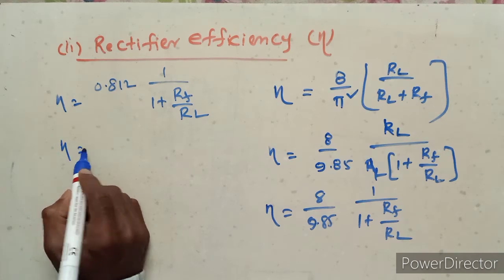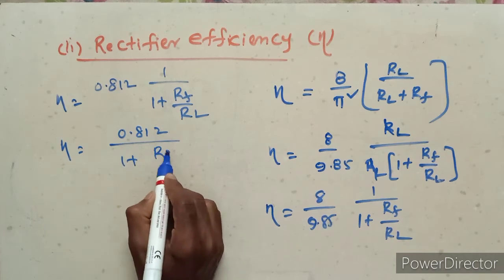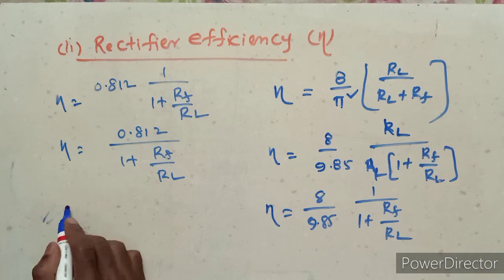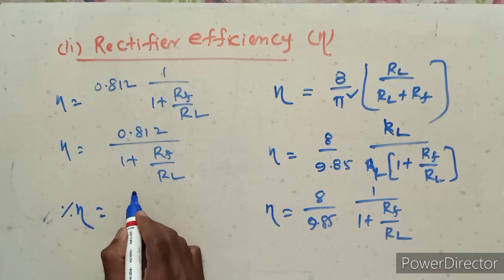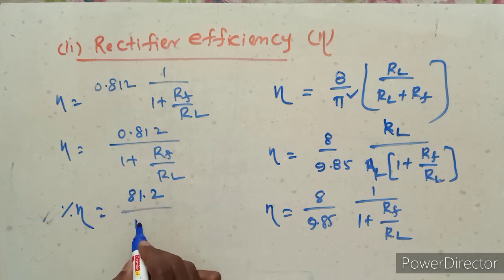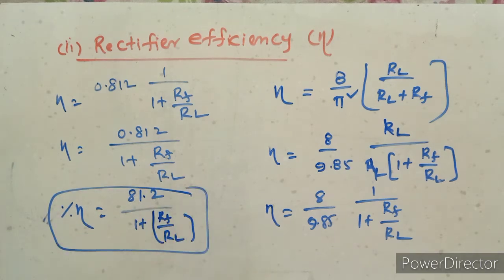So eta equals 0.812 upon 1 plus RF upon RL, and the percentage of eta equals 81.2 upon 1 plus RF upon RL. This is the maximum value.